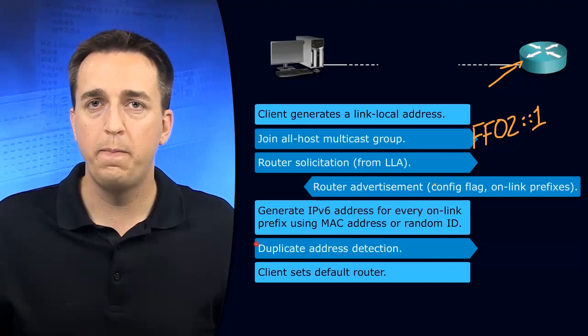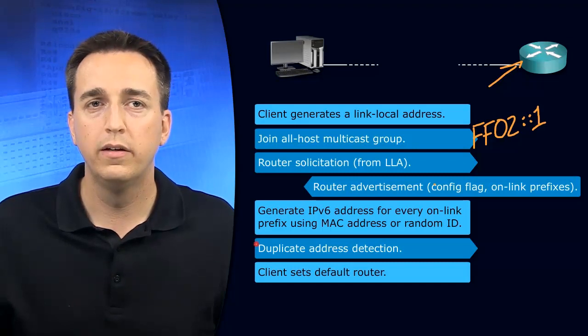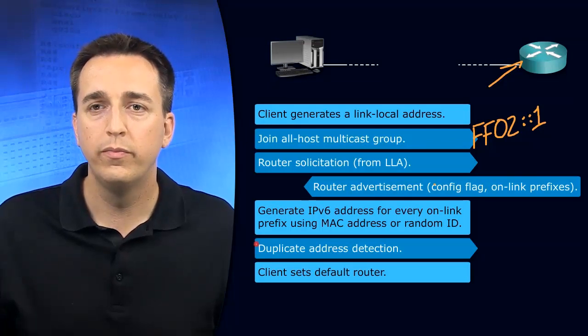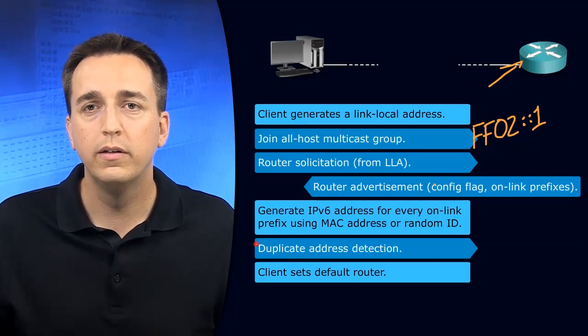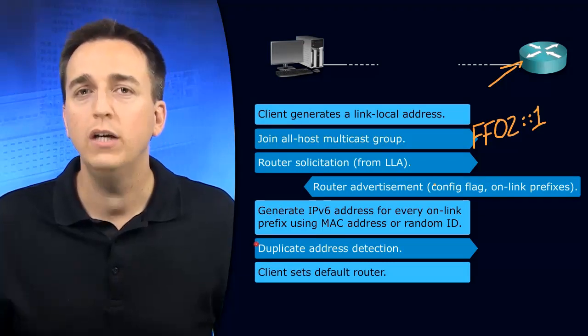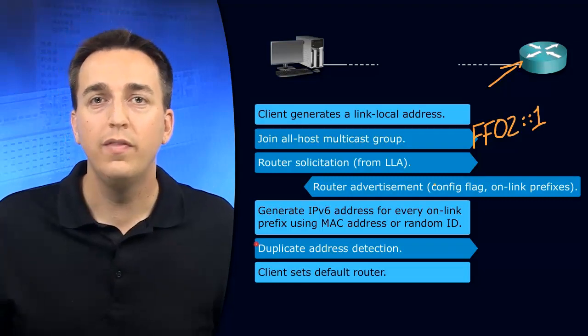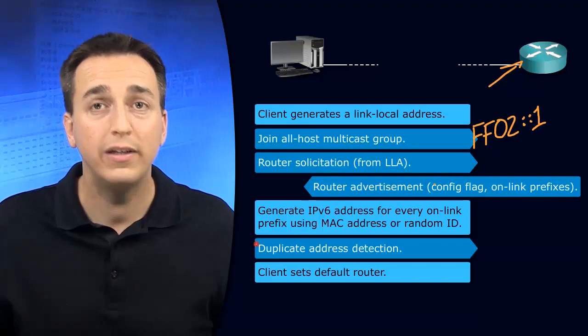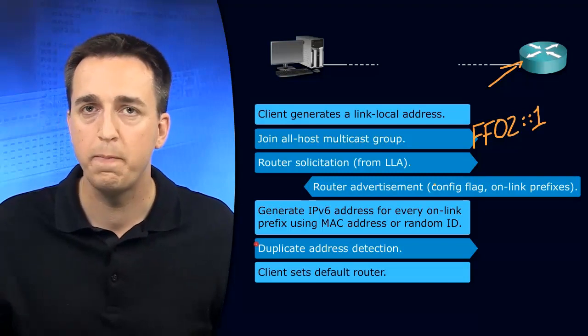On the link, the device is going to send out a neighbor solicitation message, looking for the MAC address that belongs to the specific IPv6 address. Now, it's its own IPv6 address.